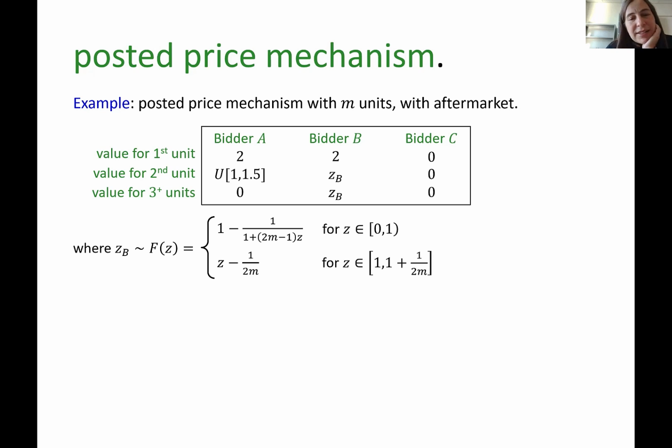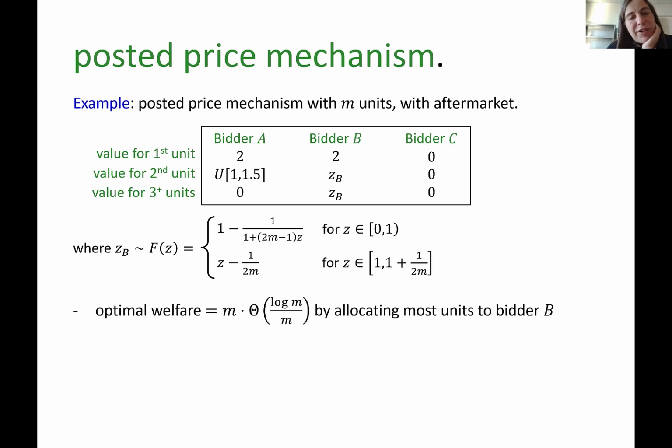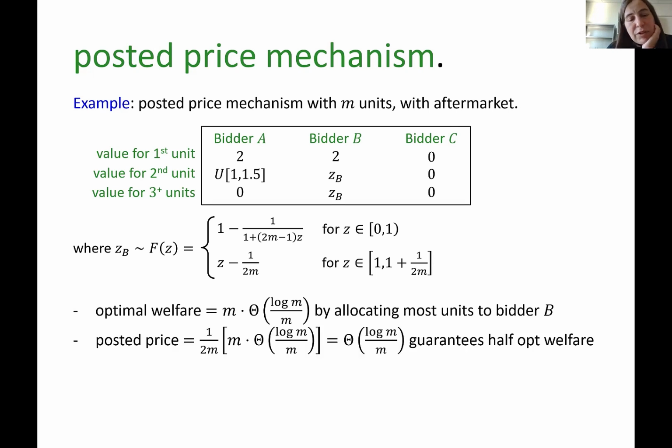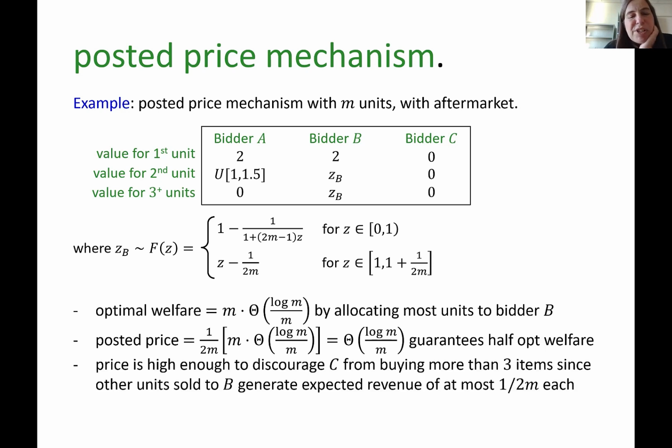You can see that in this example, because recall that the optimal welfare was something like log m. If we set a posted price, which we've proved in the paper is balanced, of something like 1/(2m) times the expected welfare, then you're going to cause bidder C to be discouraged from buying up those extra units and leveraging them with monopoly power in the secondary market, because they're just too expensive.